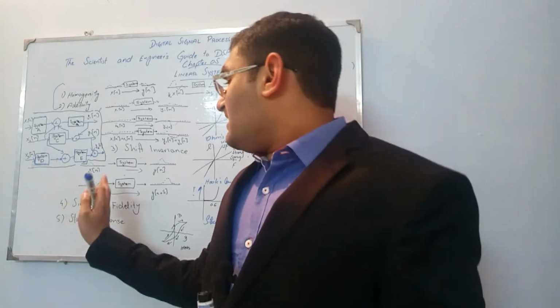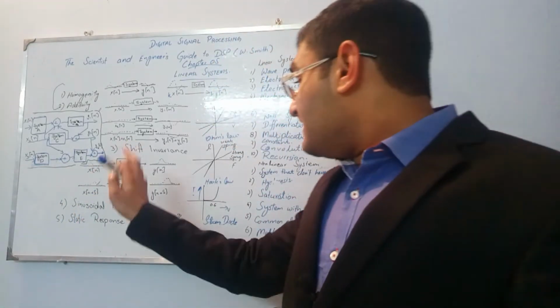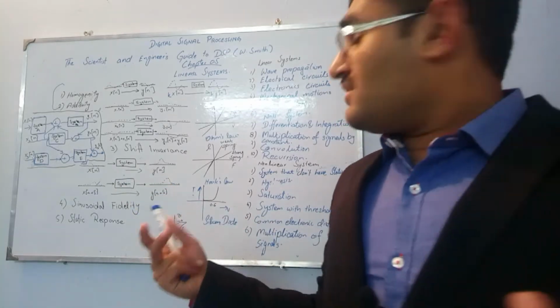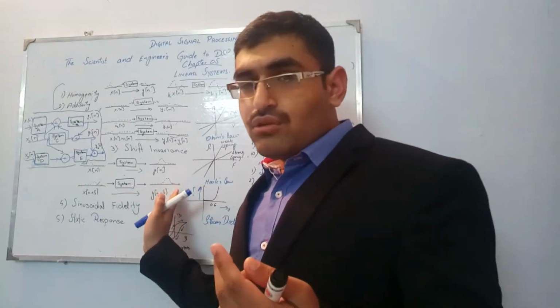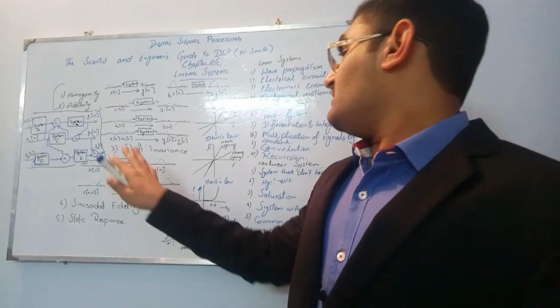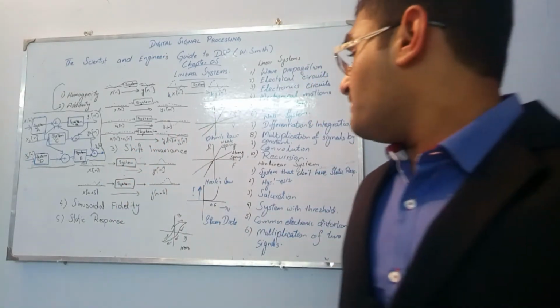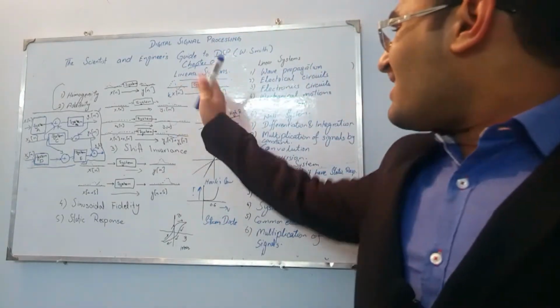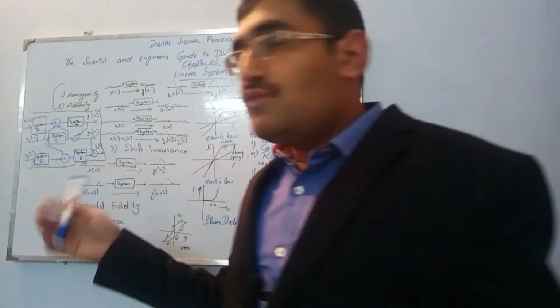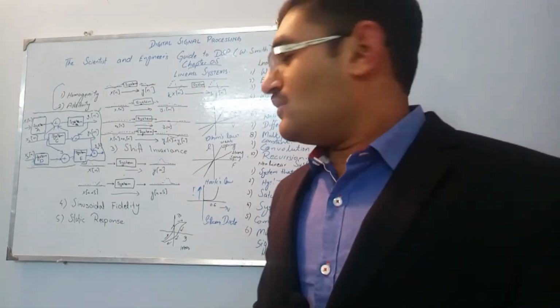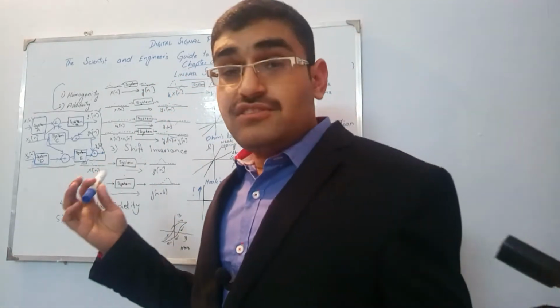When we apply a shift in the input signal and that shift is also seen at the output, then the system is said to be a shift invariant system. So are these three properties enough to explain whether the system is linear or not? No. The answer is no.